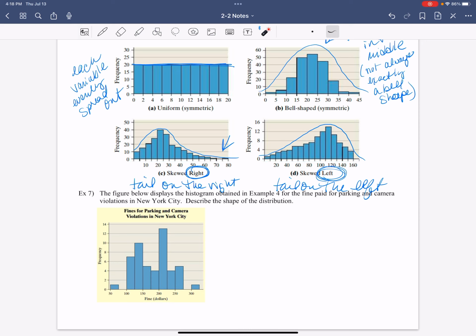Yeah, kind of crazy, right? Kind of crazy shape. Here, it obviously doesn't have a tail. We've got this middle that's kind of big up here. It's not exactly a bell shape, but it's the closest that there is, right? If I'm looking at this and I want to follow my data, it's not exactly a bell shape because I got this big open spot right in here, but it is definitely symmetric.